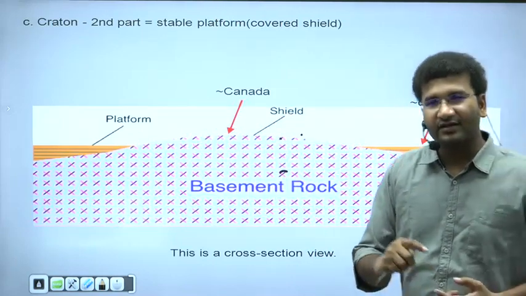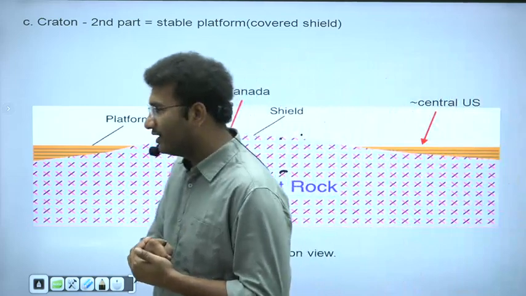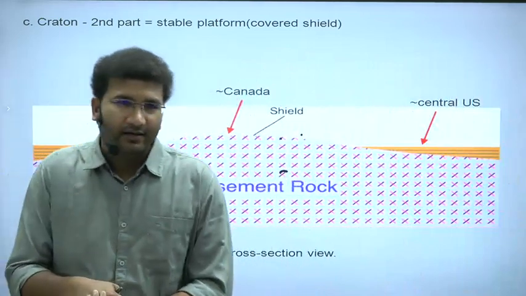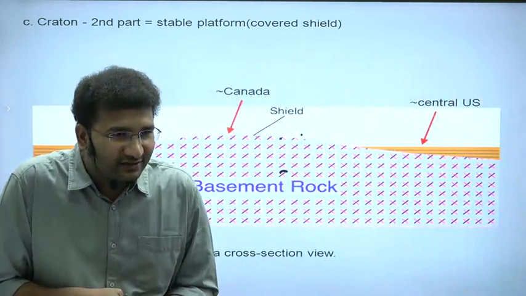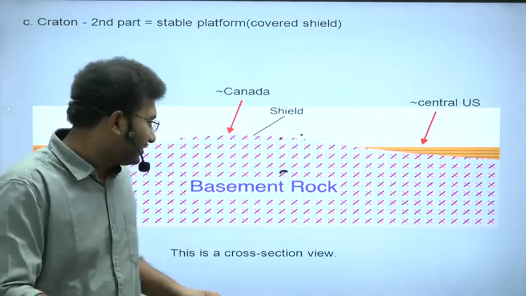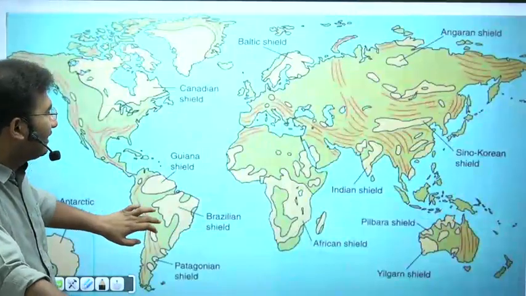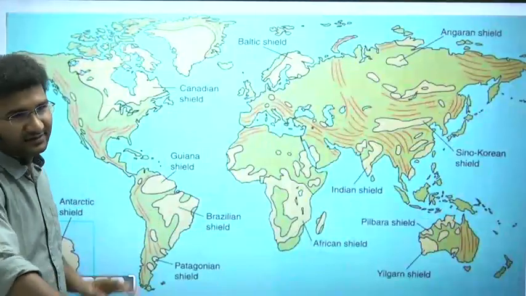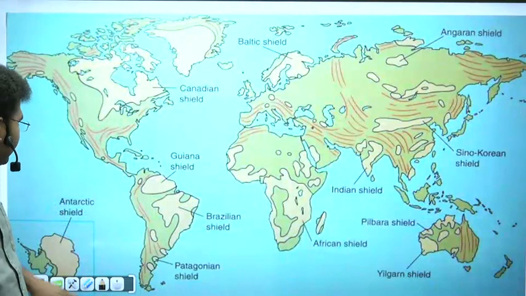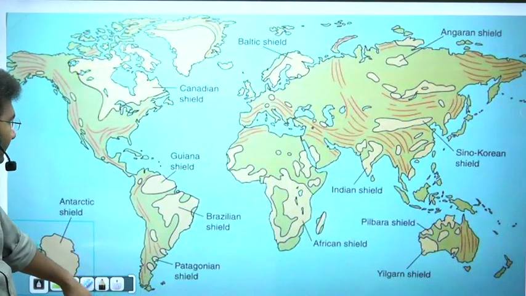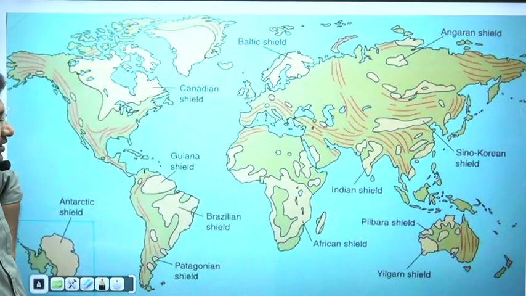Right? Now, shields are the oldest land masses. You also have shields in India. You also have shields in USA. That means the original land masses across the globe are these. Just take a minute to see. Shield is these. Go and look onto India. Indian shield.